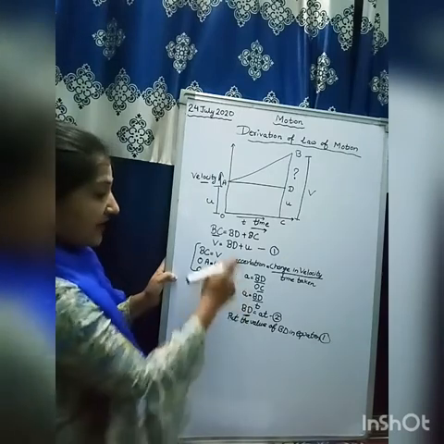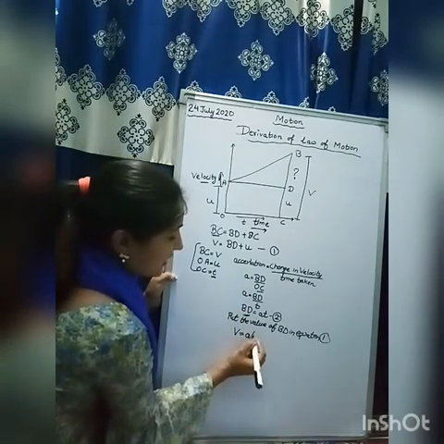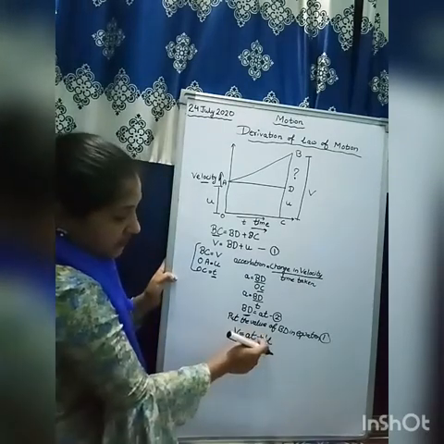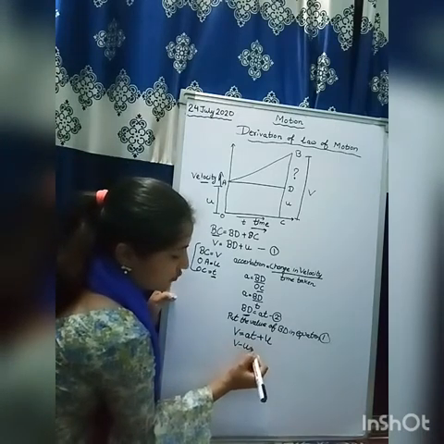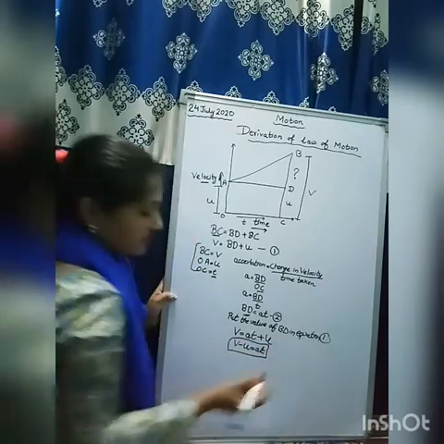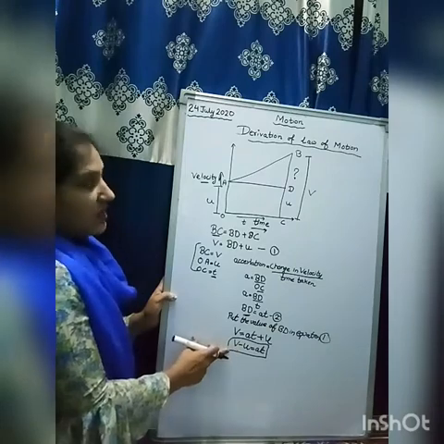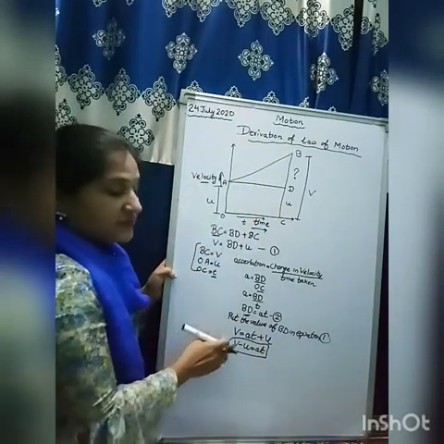So if you put the value of BD, it becomes V is equal to aT plus U. And if we bring the U over here, V minus U is equal to aT. So V minus U is equal to aT. This is our first formula for the law of motion. So we have derived the first formula.